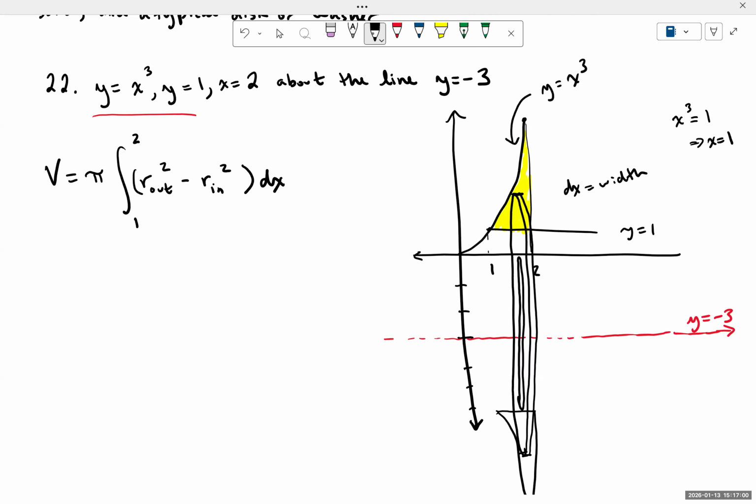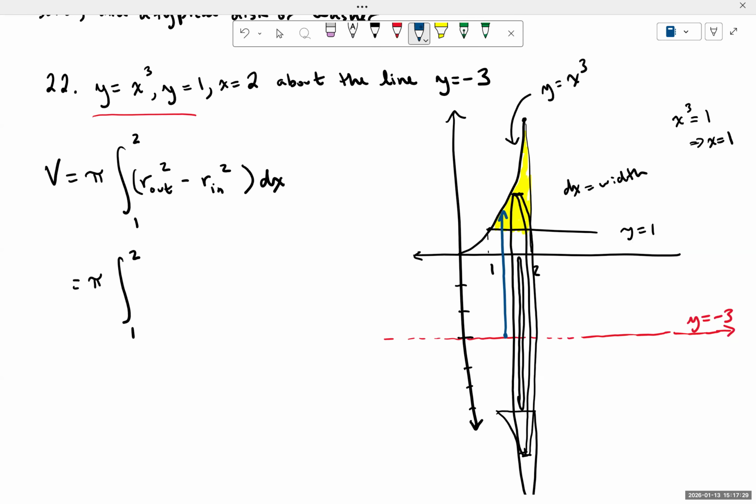The question is now, what is the outer radius and what is the inner radius? Because we have to get the axis of rotation into play. I can't just take the y, because I also have this extra piece. So what we want for the outer radius is the larger bit, and it's always going to be the distance from the axis of rotation.